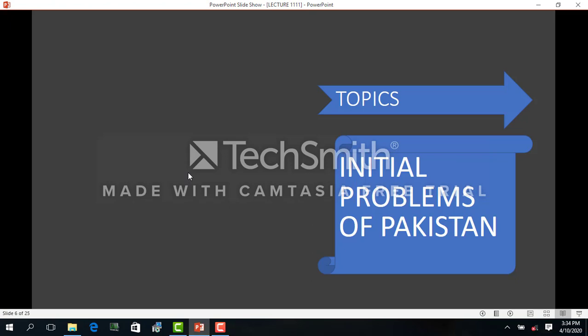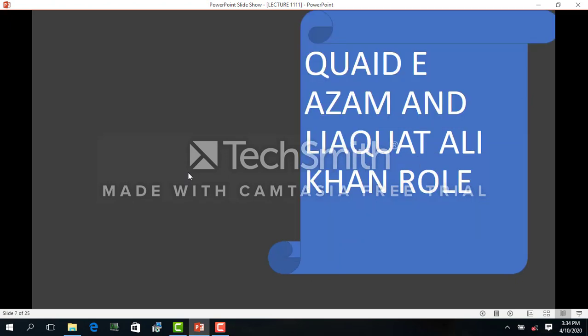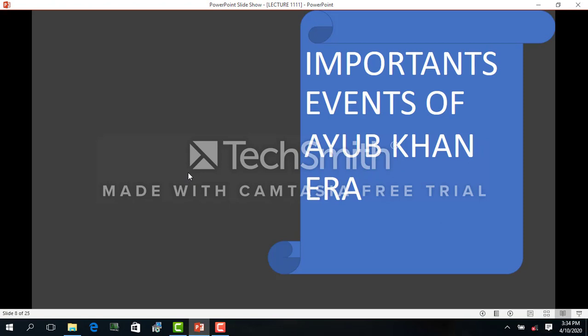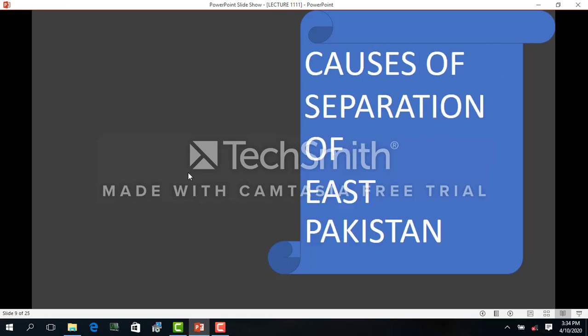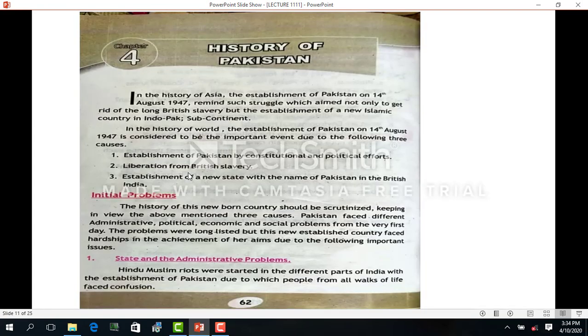Topics included in chapter number 4: Initial Problems of Pakistan, Quaid-e-Azam and Liaquat Ali Khan's roles towards the stability of Pakistan, important events of the Ayub Khan era, key aspects of the Yahya Khan regime, and causes of the separation of East Pakistan. This is chapter number 4, History of Pakistan.